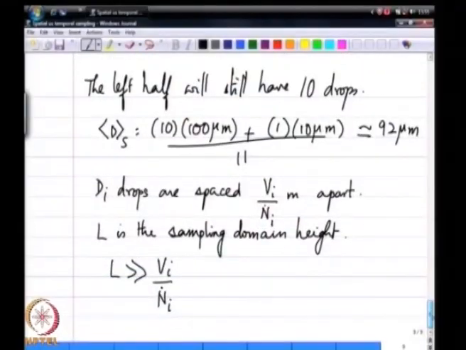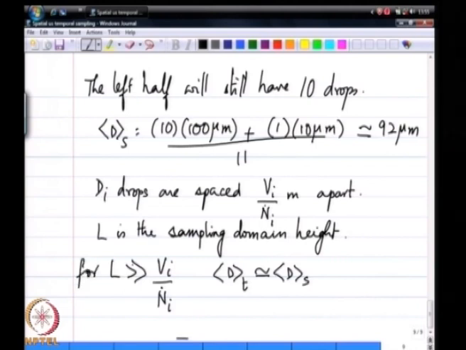So, essentially if I take these 2 sprays and if I have L be much greater than V i divided by N i dot, then the spatial sampling and the temporal sampling become very close to each other, and I will say that both of these would end up becoming equal to the production sampling.